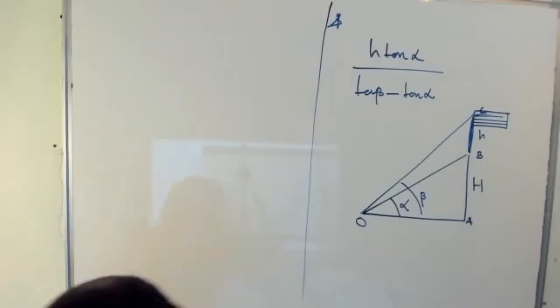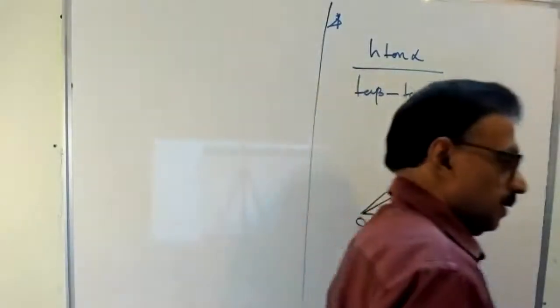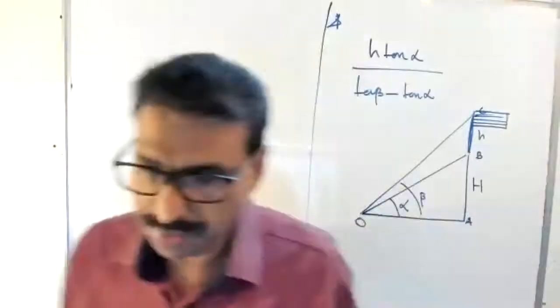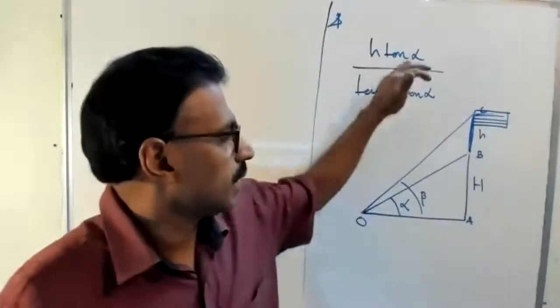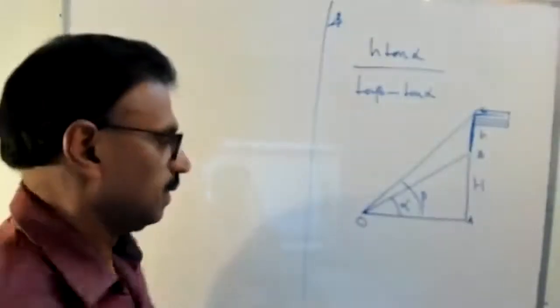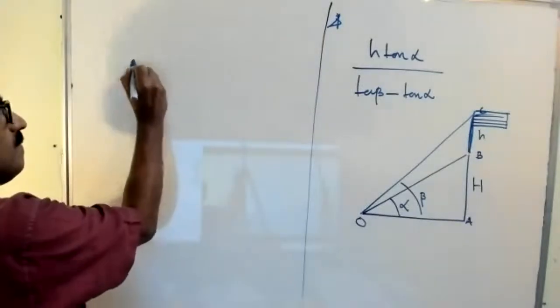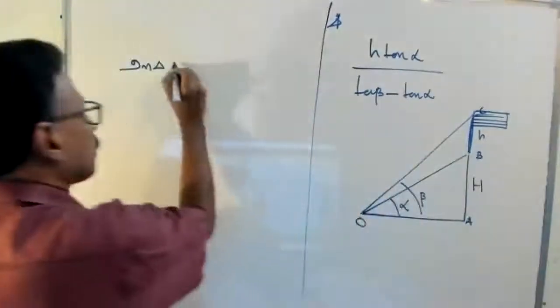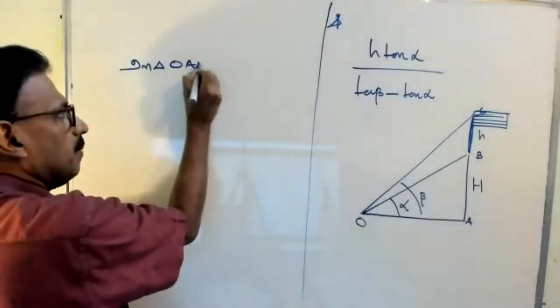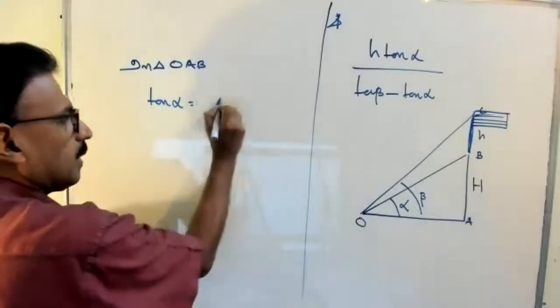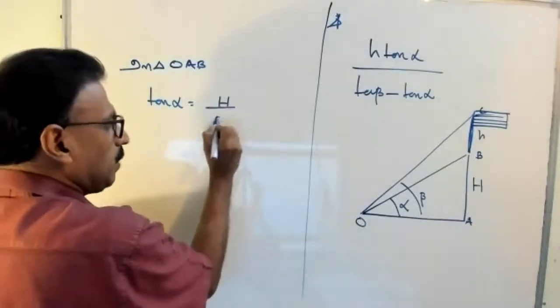Now look here. Our requirement is the height of the flagstaff, small h equals H tan alpha divided by tan beta minus tan alpha. In triangle OAB, tan alpha equals capital H divided by OA.